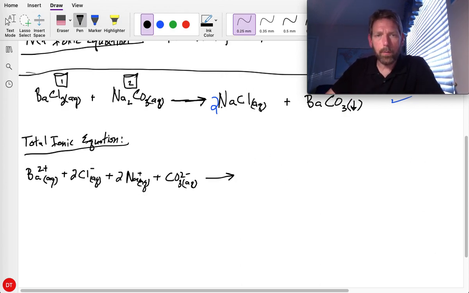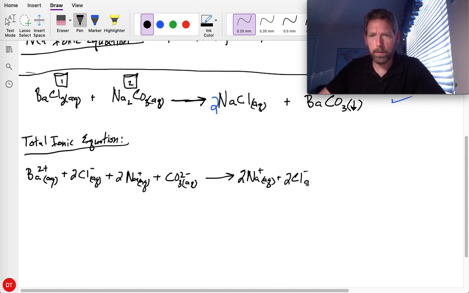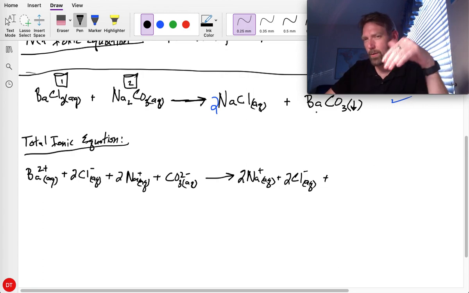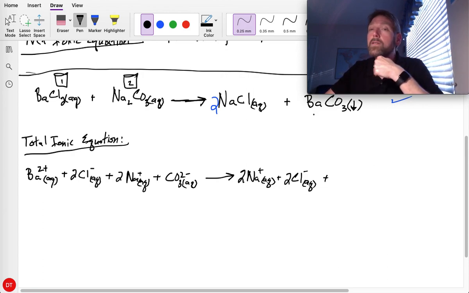All right, so now we see here we've got 2 Na plus, 2 Na plus. That's 2 Cl minus, right? 2 Cl minus, plus we had identified using our solubility guidelines that this is insoluble.